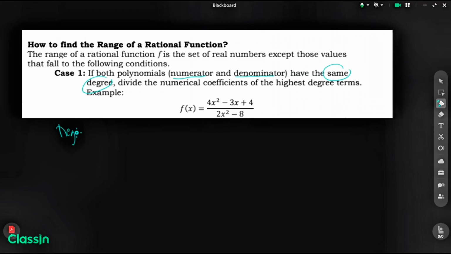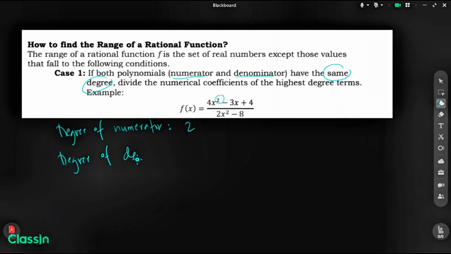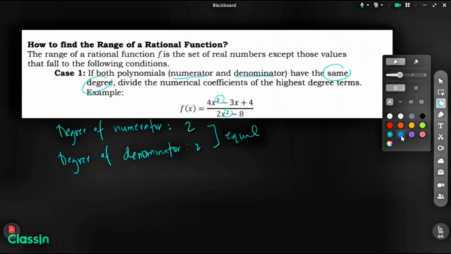Degree of numerator is equal to 2. What about the degree of denominator? Is also 2. So they are equal. So what is our next step?